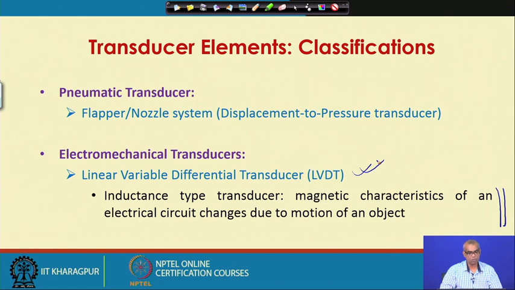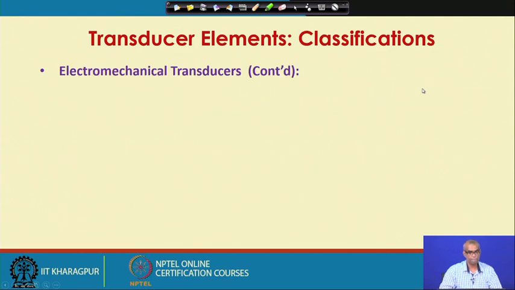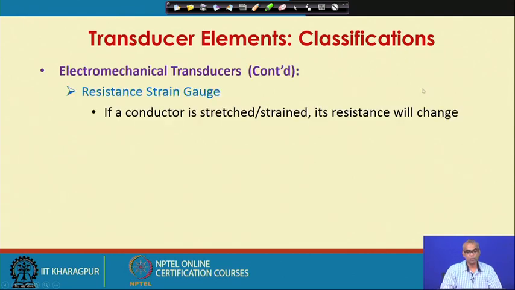Magnetic characteristic of an electrical circuit changes due to motion of an object. So, this is the principle under which it works. There are other electromechanical transducers that we will be talking about.